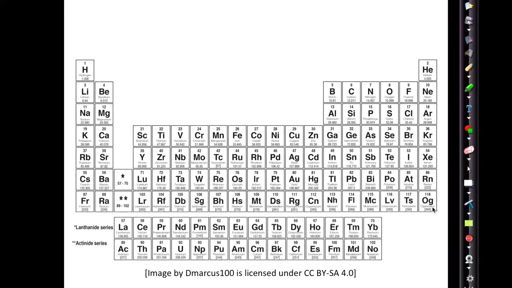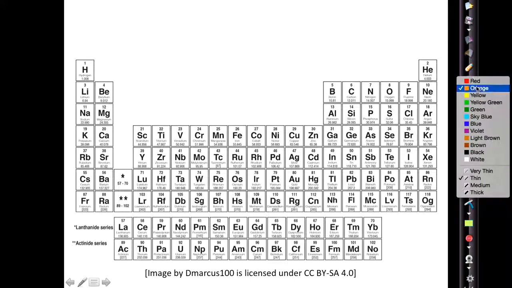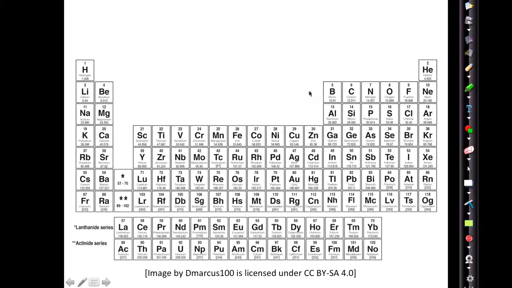So on many periodic tables, what you're going to find is that there is this stair-step line that starts, well, technically it starts right over here underneath hydrogen. And then it goes over here underneath boron, and then down underneath silicon, down, and so on in this fashion until we get right down here to the left of astatine.